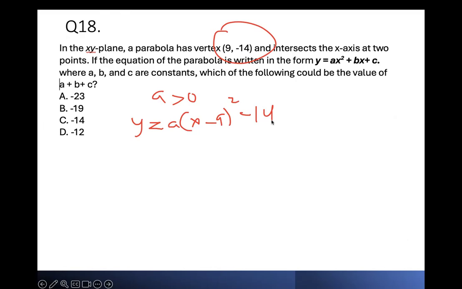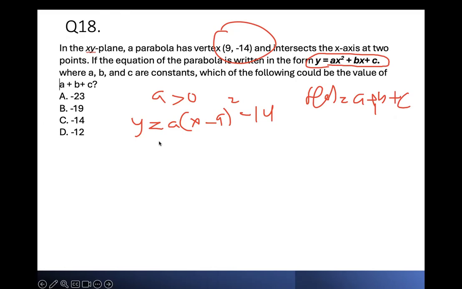I know a is greater than 0, but that's the condition. Every time you're trying to find a plus b plus c, if you put x equal to 1 here, it will give you a plus b plus c. f of 1 is the same thing as a plus b plus c. Put f of 1 in this equation, and you see what it's going to give you.